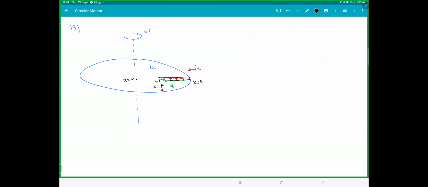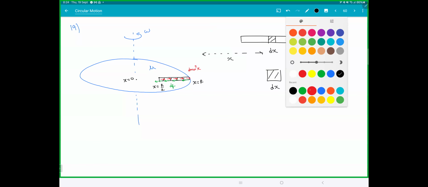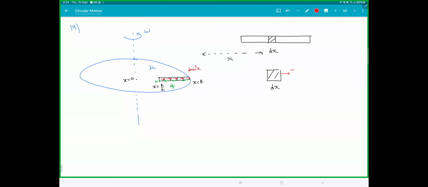So on this rod here, at a distance x, if you take a small piece dx, let's try to see the forces on the small piece dx. There'll be a tension this side.